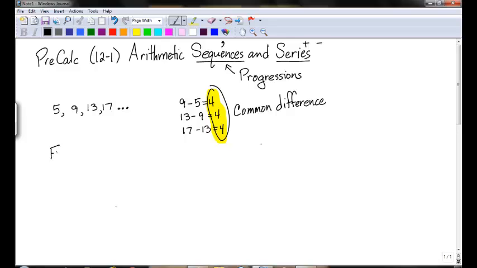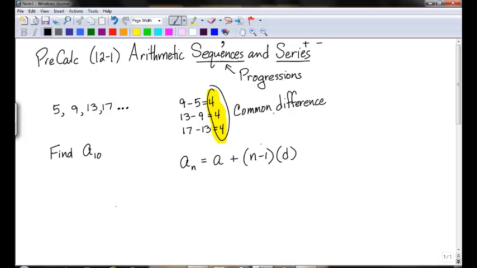On this one, let's say they ask you to find a sub 10, and that's actually saying find the 10th term. Well, there's a formula for that. This is the formula. a sub n equals a plus (n minus 1) times d.